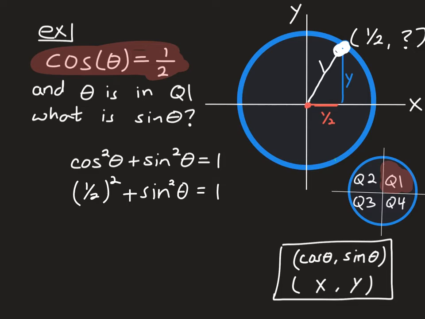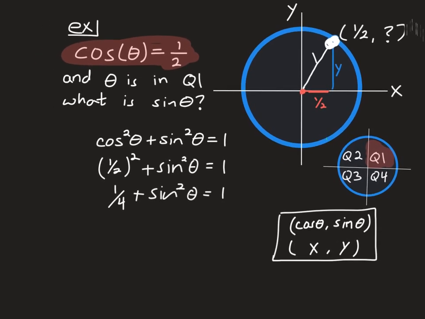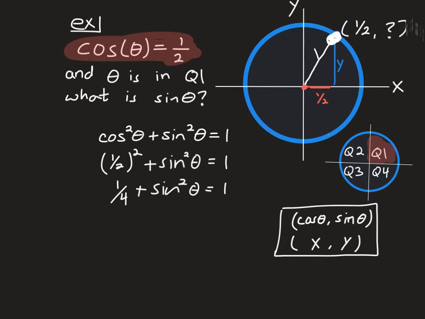Okay, so 1 over 2 squared, that's 1 times 1 is 1, over 2 times 2, or 2 squared, which is 4. Plus sine squared of theta is equal to 1. From here, let's finish out this algebra. I'm going to be subtracting 1/4 from both sides.